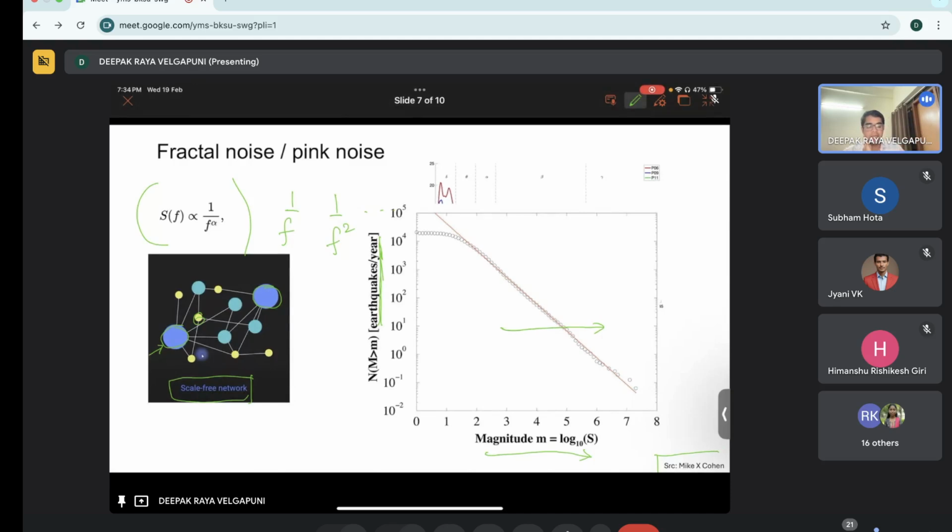As the magnitude increases, the higher magnitudes have lower frequency of occurrence. Similarly in a spectrogram, the higher frequencies are less common than lower frequencies, and therefore you get this kind of pink noise. Is this clear?